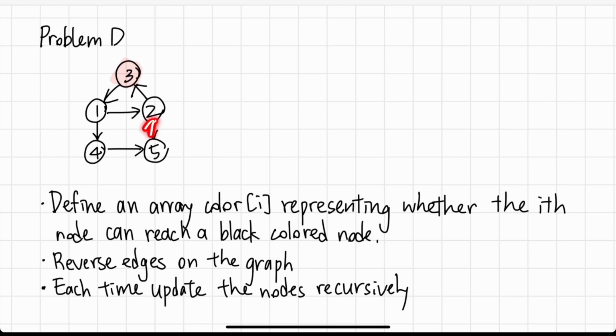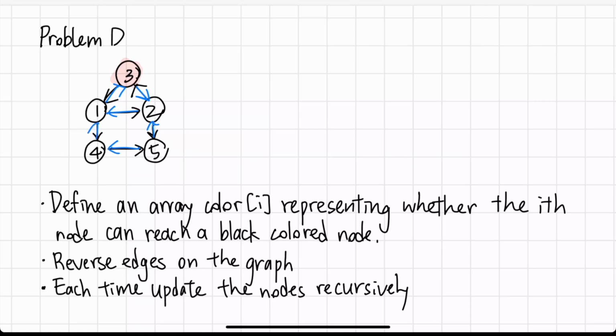So these edges will become all reversed in this direction, because that way it will allow us to update the nodes recursively. So for example, if the edges are reversed, we will get this graph.